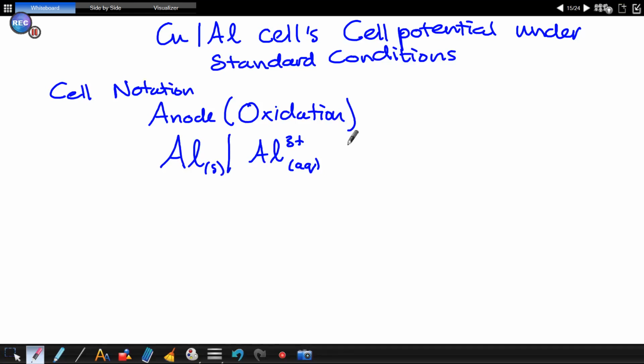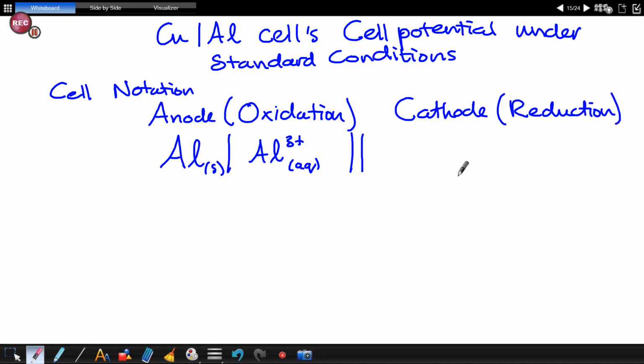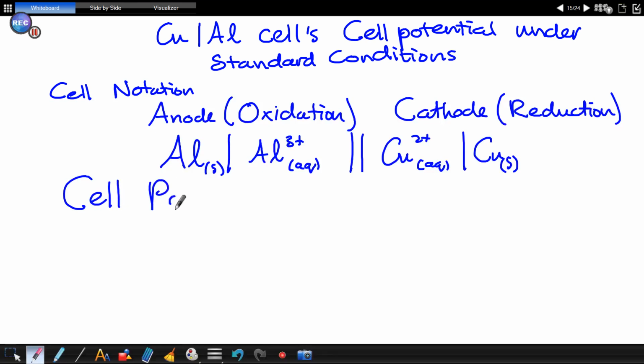Yes. Then the cathode is where reduction will take place. That is the copper 2 plus going to copper. Okay, so what is the cell potential?